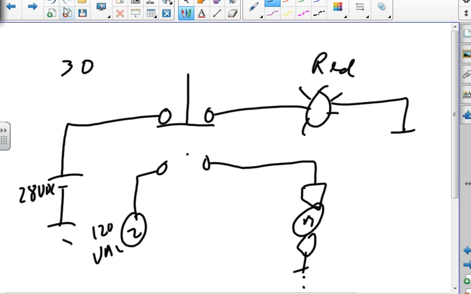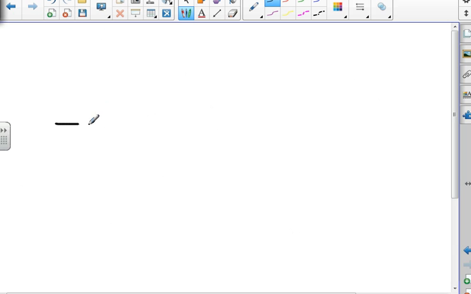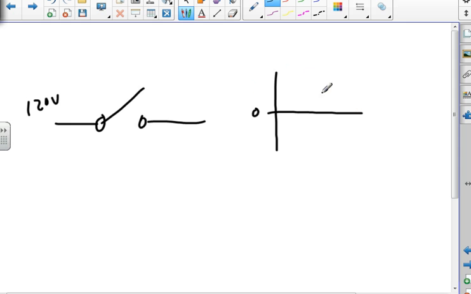Now, when I close a switch, so I've got a switch and I'm going to close it. I got 120 volts over here. I expect that I'm at 0, and when I close the switch at some time, I'm going to go up to 120 volts, right?